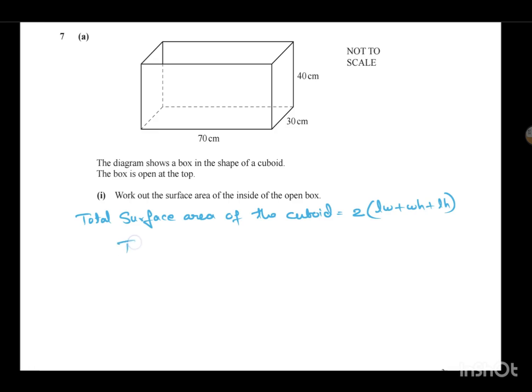So the total surface area of the box is 2 into length into width, that is 70 into 30, plus width into height, that is 30 into 40, plus length into height, that is 70 into 40. Then subtract length into width, that is the area of this rectangle, you have to subtract 70 into 30.